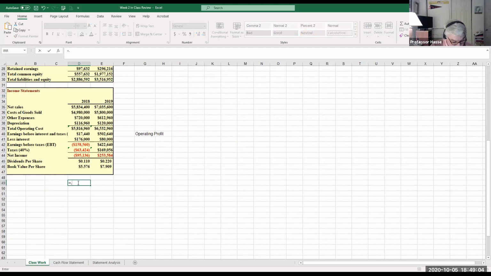So 11 cents times 100,000 shares of stock means they paid out $11,000 in dividends in 2018. Now, my question to this distinguished group of financial managers, why in the hell would a company that loses money pay dividends to their shareholders? That means they're going to have to probably go out and borrow money to pay dividends.